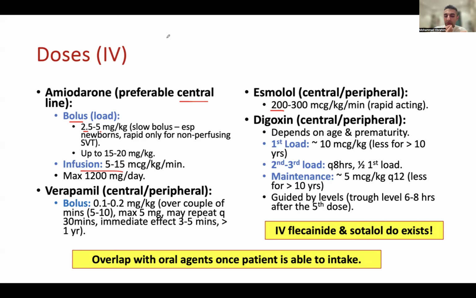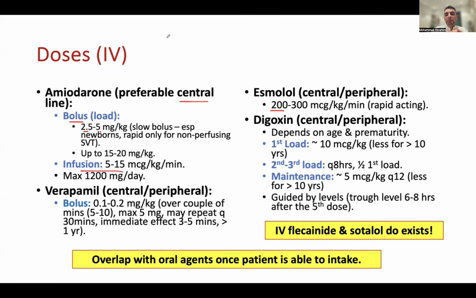And then if the patient is able to eat or drink, then I start oral and overlap the oral medicine with the IV medicine so that I can quickly stop the IV medicine and we can discharge the patient sooner. I don't usually give any oral agent if the patient is not eating, because of the concern for GI not absorbing the medicine.